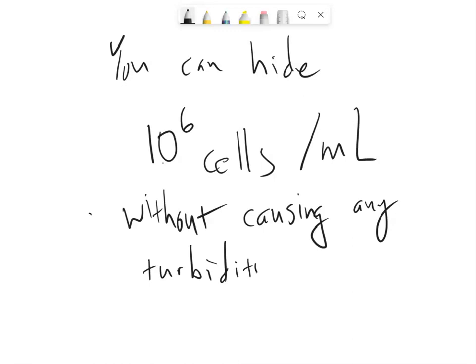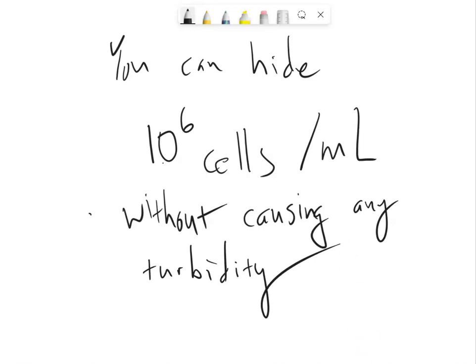Okay, so that's not legible because I'm switching from my big drawing pad to my small drawing pad. Sorry about that. But the point here is that you can hide 10 to the 6th cells in every milliliter of a nutrient broth without it looking turbid at all or cloudy at all.